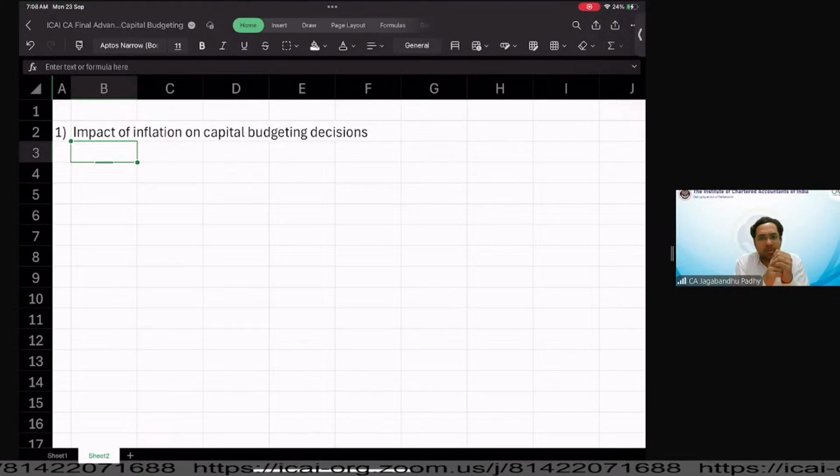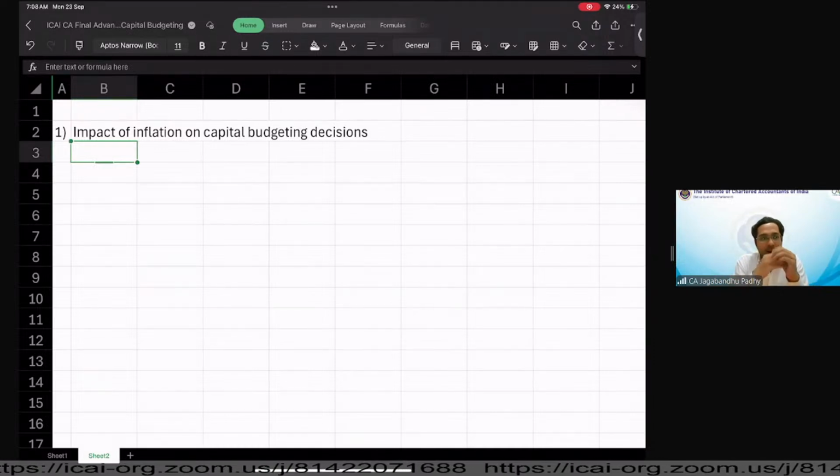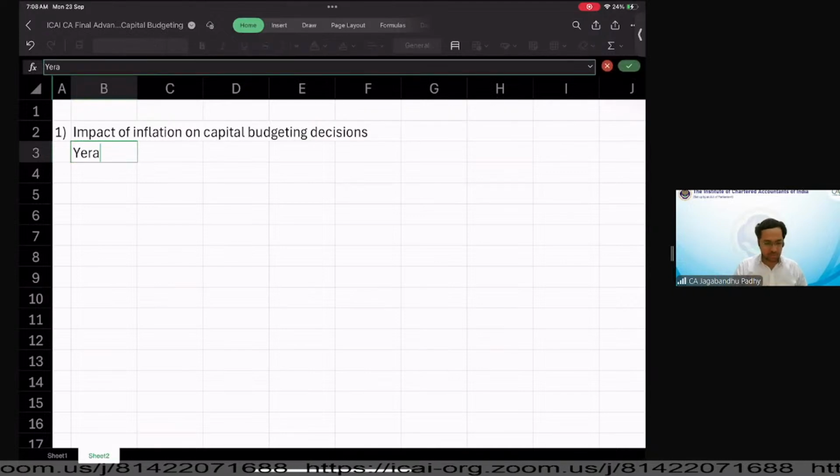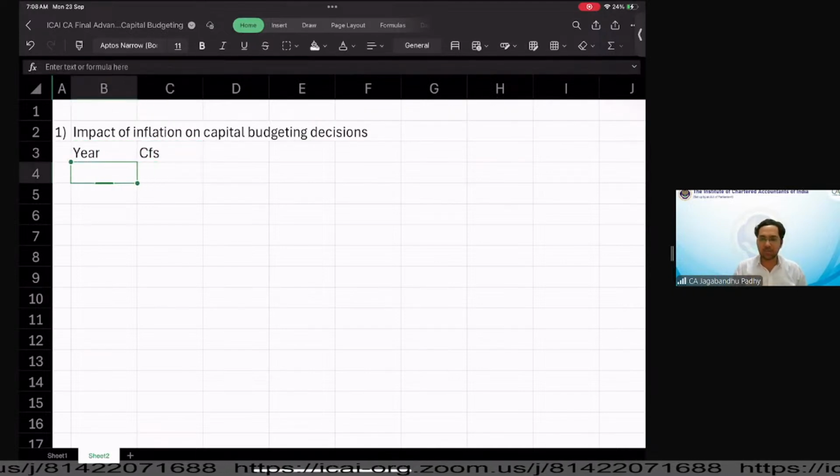One common question which I encounter when I teach students capital budgeting for the first time is, sir, even a layman, maybe an 11th standard student also understands that there is inflation in the prices of the commodities. Okay, so you said that cash flows are forecasted, right? For example, we generally write the pattern of cash flows.